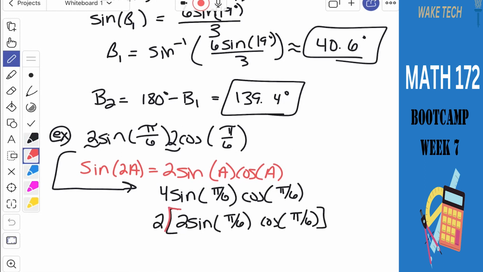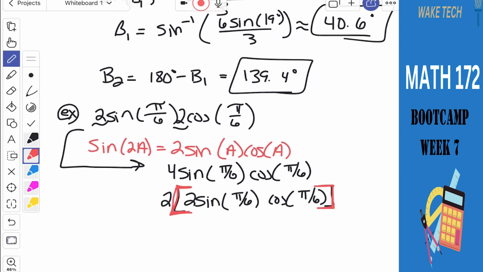But everything inside the red brackets is exactly the double angle rule for sine. What that means is I can take all of that out and instead write it as the sine of 2 times pi over 6.